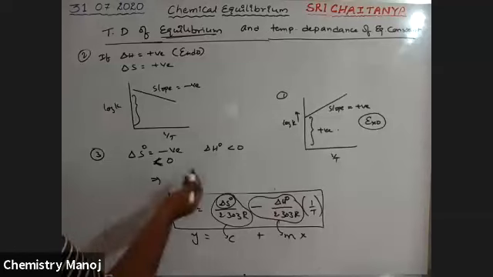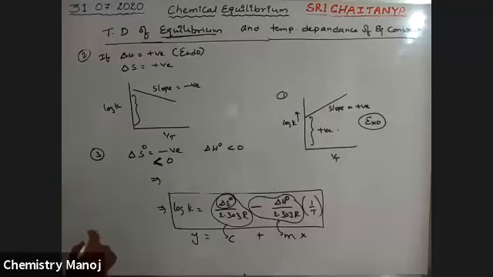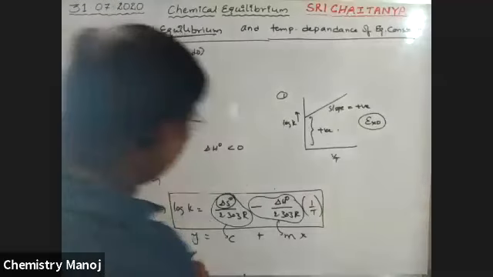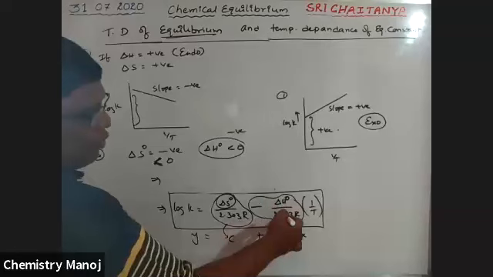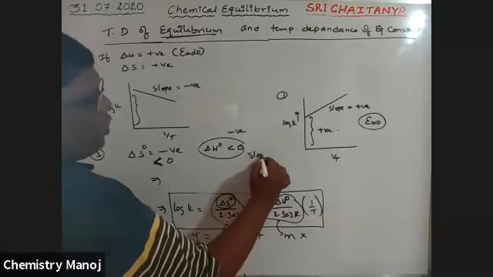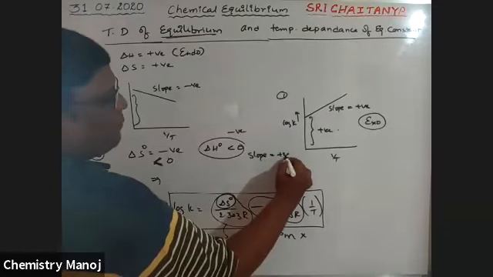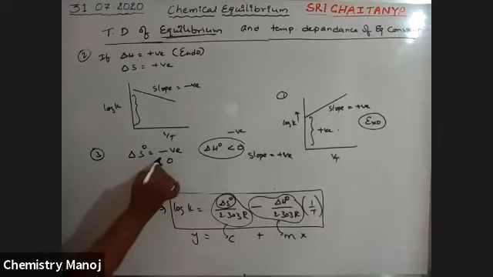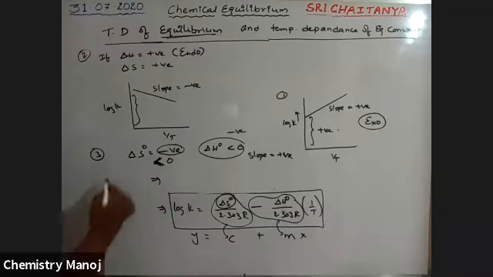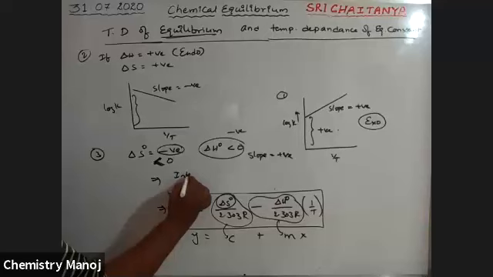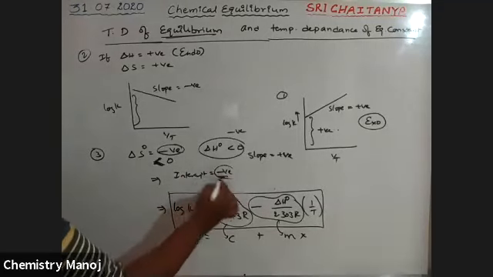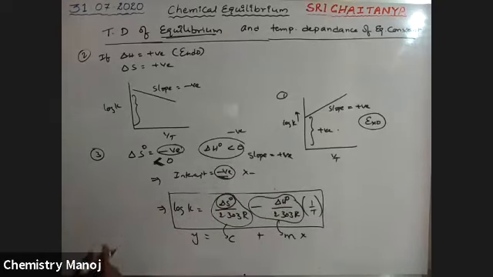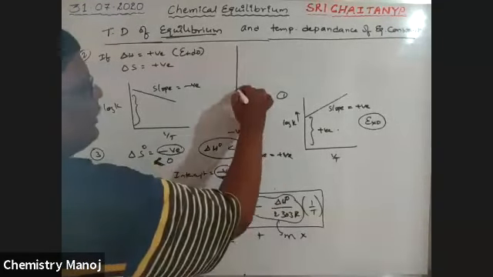In this situation, what is the style? Because it is less than 0, meaning negative, this value goes to positive. Therefore, the slope is positive. Next, because it is negative, the intercept is negative. Negative intercept means the graph is like this.